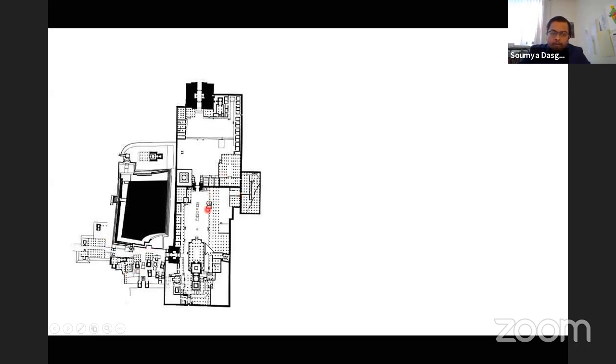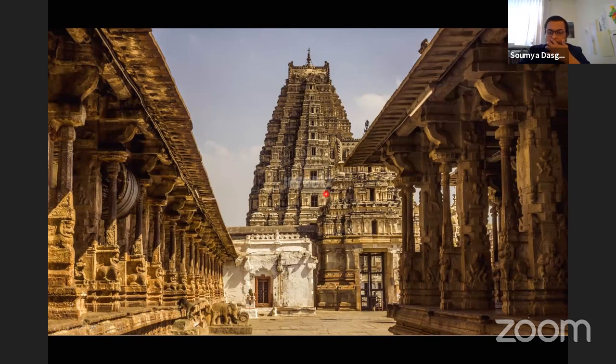But one of the things that you identify is that there's a long progression of colonnades, or the prakara has become really elaborate. The bounding structure has become really elaborate here. And just to give you a sense of the speciality, this is quite a stunning photograph that I found.